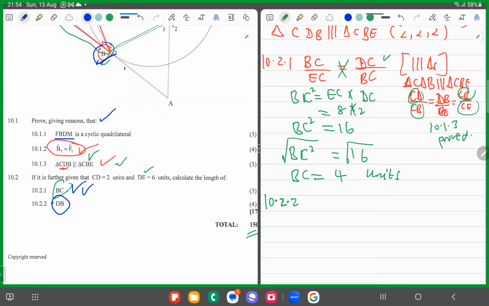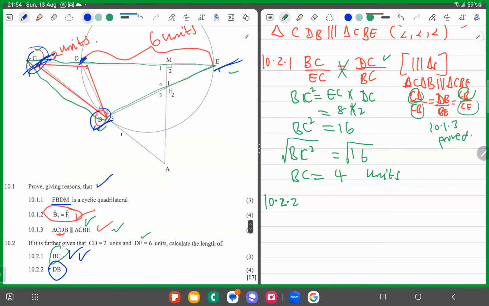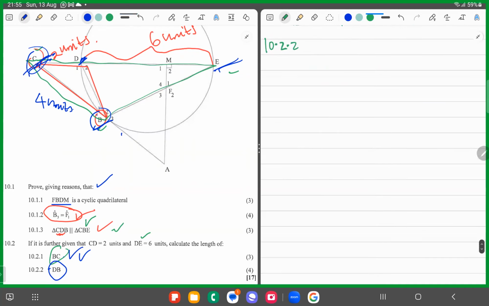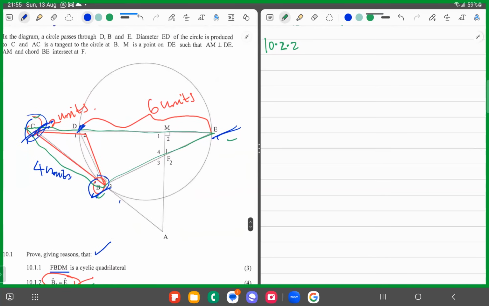We want to find the length of DB. We already know that the length of BC is 4 units. So in 10.2.2, we're looking for DB.